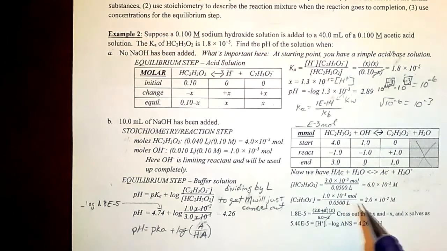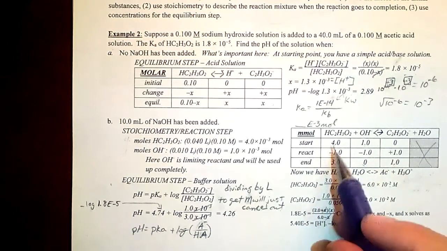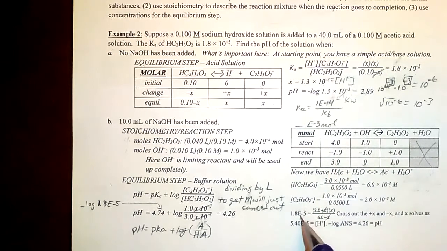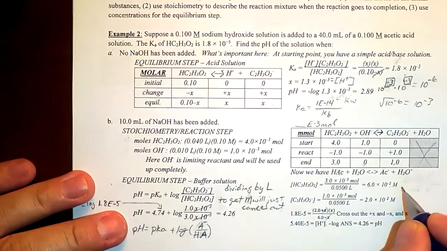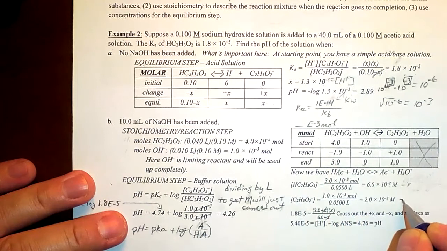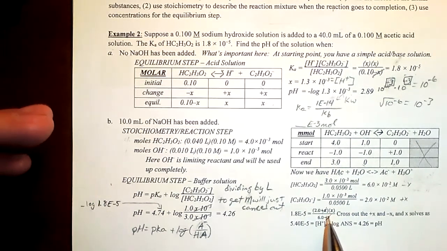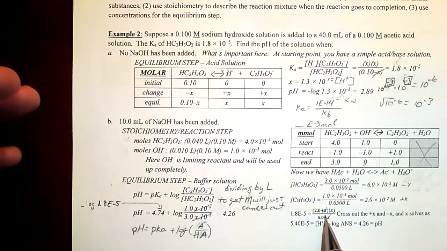So Ka, because this is an acid reaction, Ka will be equal to products over reactants to the power of the number in front, except remember, this is going to be losing some amount. This is going to be gaining some amount, and that's where I got these. Except we said Ka is so small that plus x and minus x doesn't really matter, so we can cross them out.